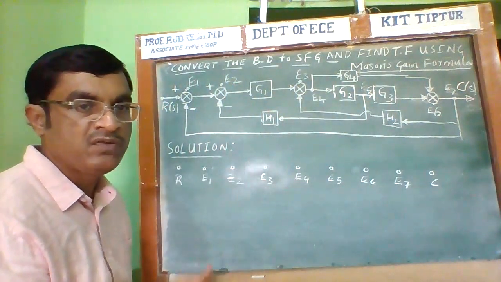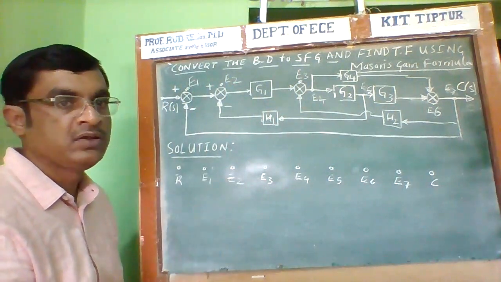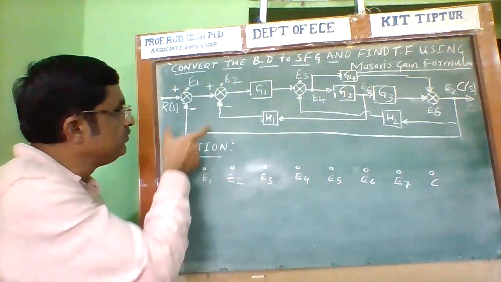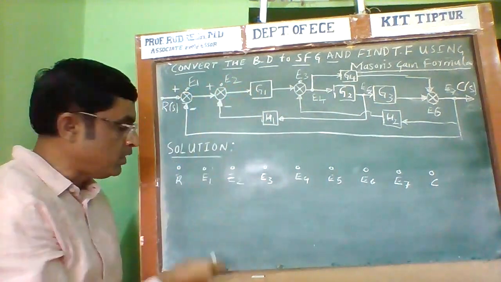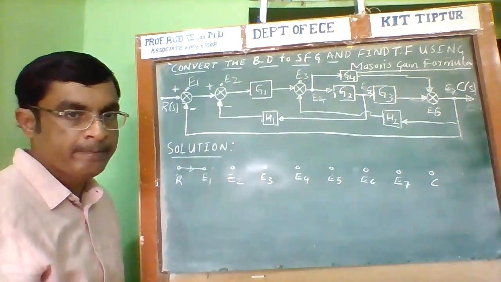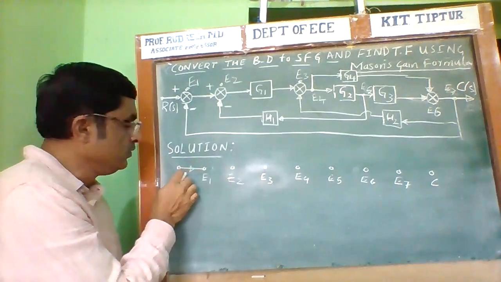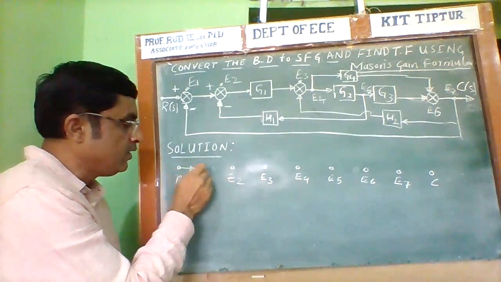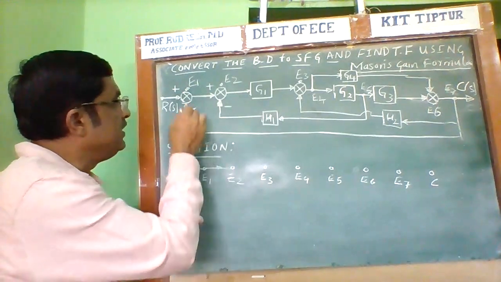From the block diagram, identify the main forward path and the gain between the nodes, and mark it here by joining the lines or branches. After connecting these nodes by branches, we need to mention the gain.